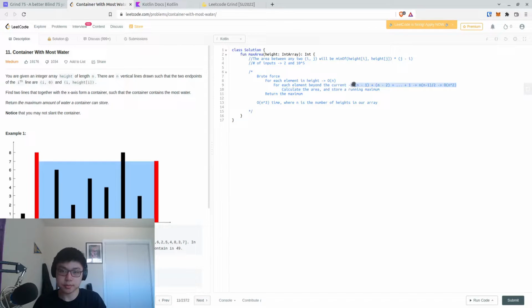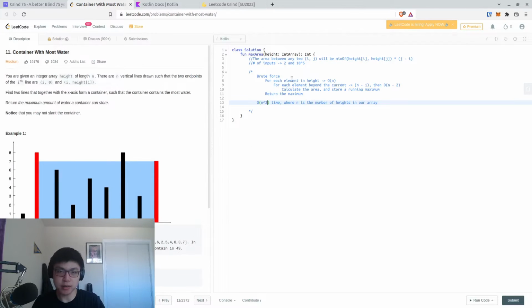Rather, we are only running at most O of n, right? So this would be O of n minus 1, then O of n minus 2, right? So ultimately, this results in an O of n squared runtime rather than an O of n cubed runtime.